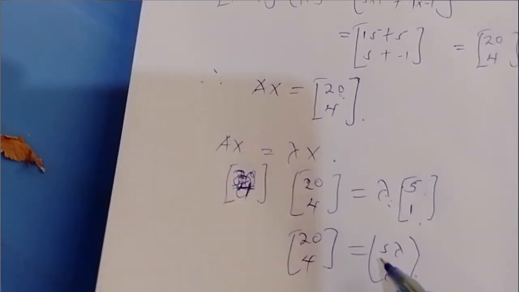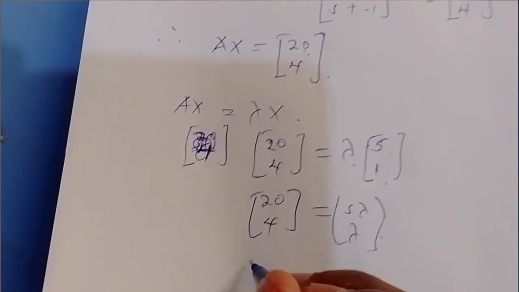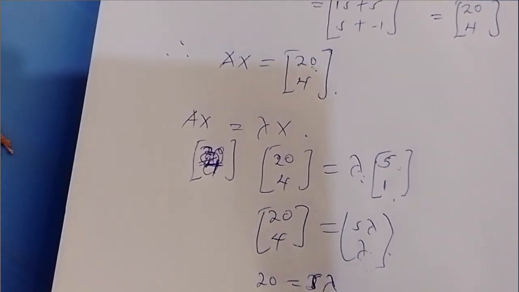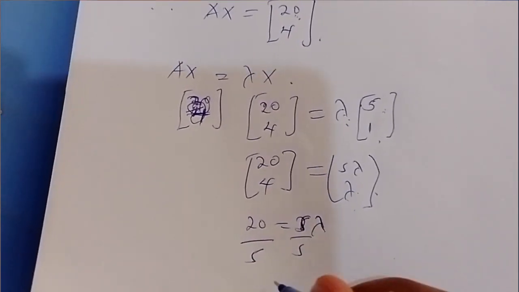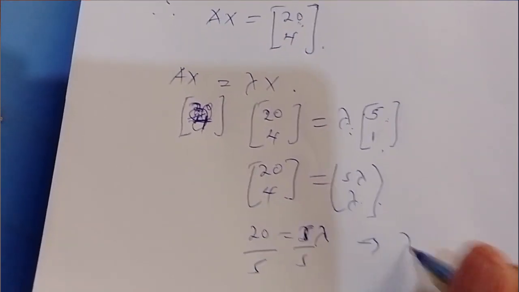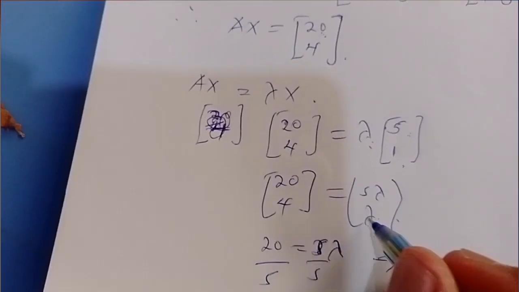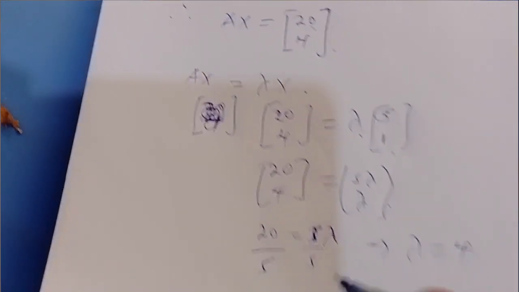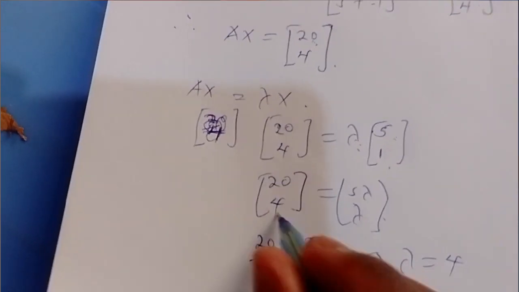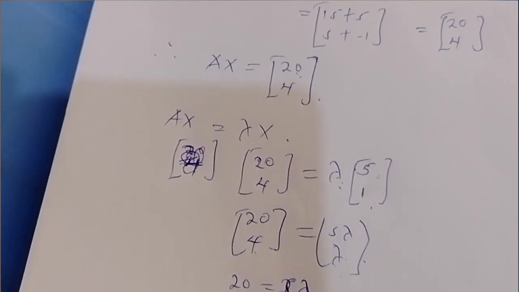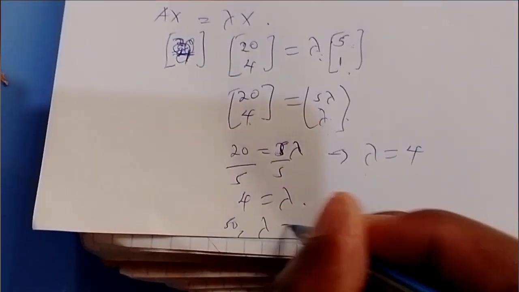To get the value of lambda, you can use either. Taking the first one, 20 is equal to 5 lambda, divide by 5 on both sides, and this gives us lambda as 4. Or we can use the lower one from the second row: 4 is equal to lambda. So our lambda is equal to 4.